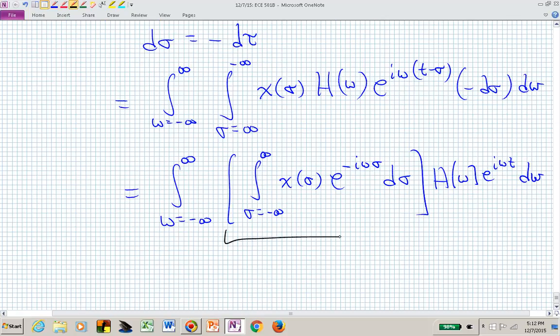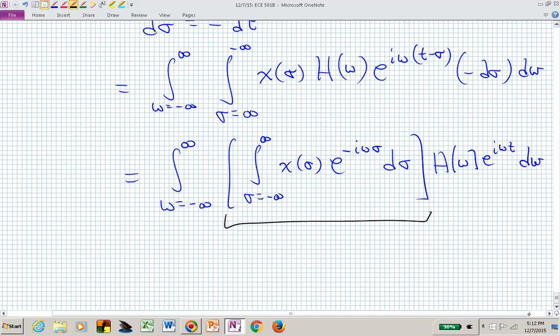And this inner bracket should look like what we had been using to identify the weightings, or basically the decomposition of our arbitrary input x in terms of these rotating phasors.